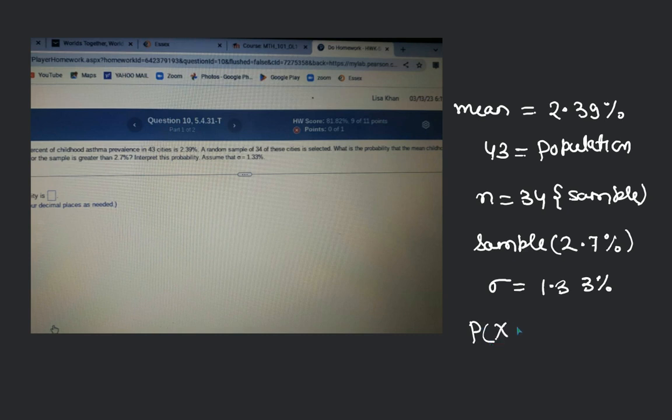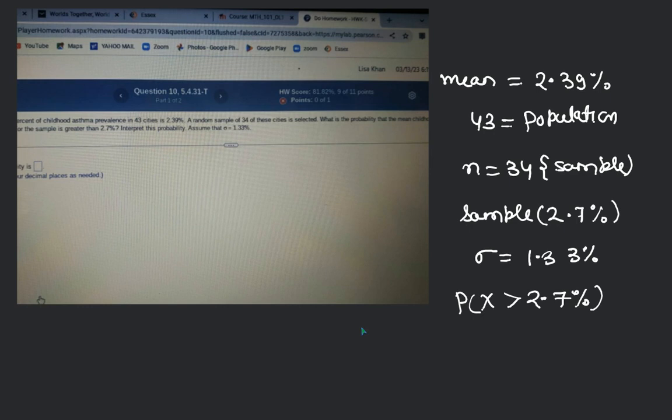We have the standard deviation given, 0.0133, and the mean is given to us as 0.0239.